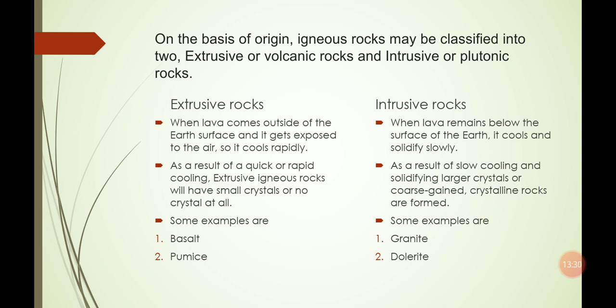Intrusive rocks are just the opposite of it. These are rocks formed when lava remains below the surface of the earth. It does not come out of the surface of the earth and it cools. When lava comes into the atmosphere, the surface of the earth, it cools fast. But when it is inside the earth's surface, it cools very slowly.